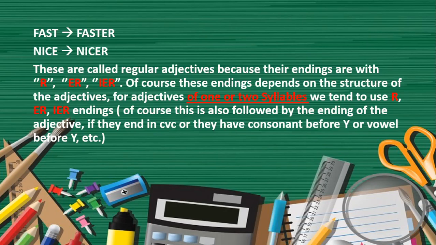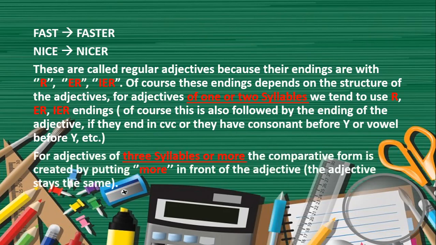Okay, so the endings r, er, or ier are only for adjectives of one or two syllables. But what about the adjectives of three syllables or more? What happens with them?